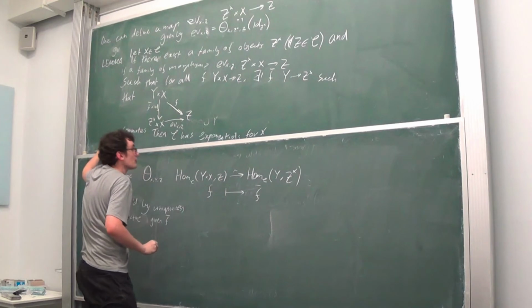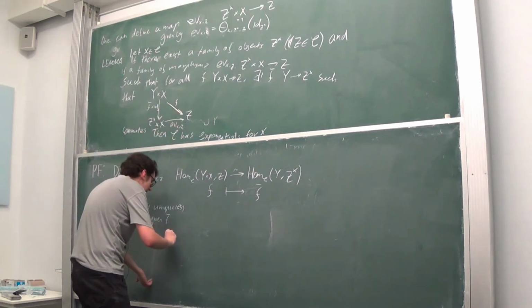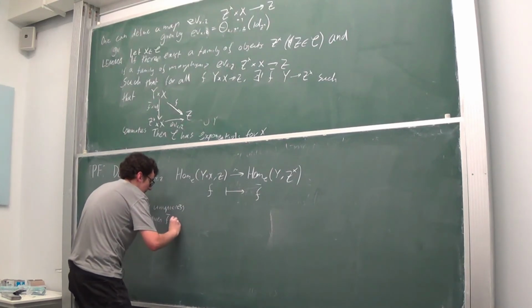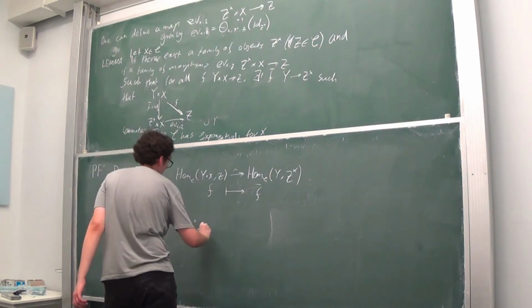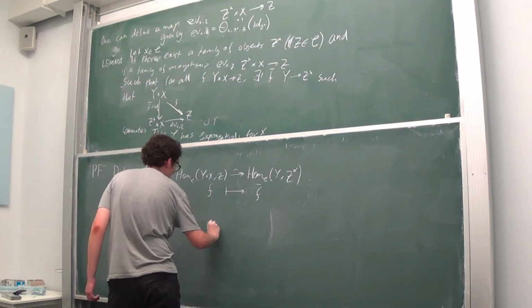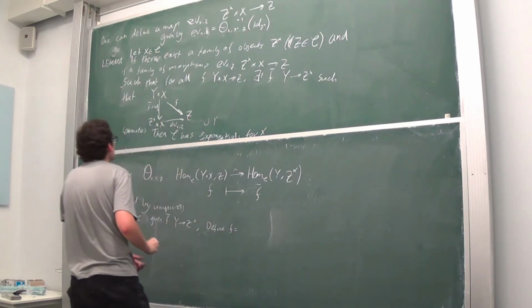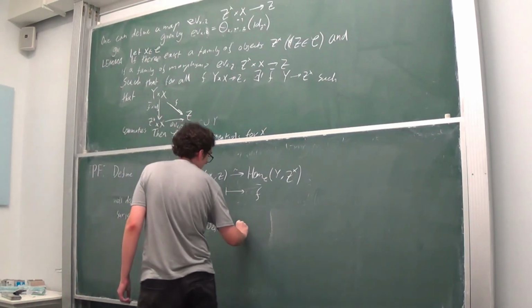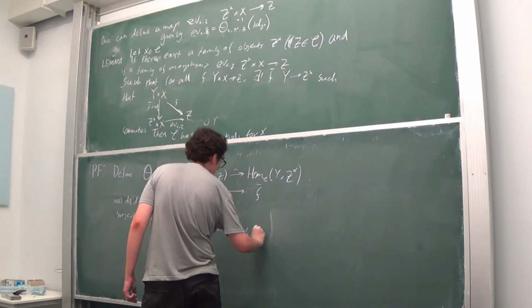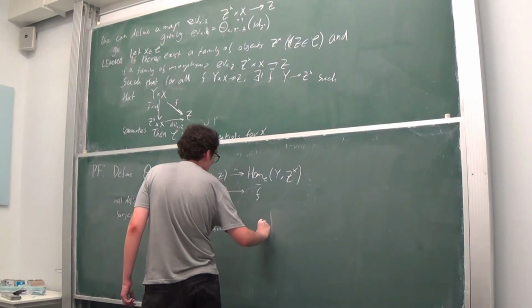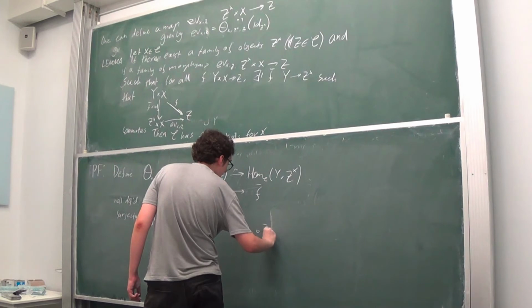Surjective. So given f bar, which goes from y to z to the x, we define f to be the evaluation composed with f bar times id.